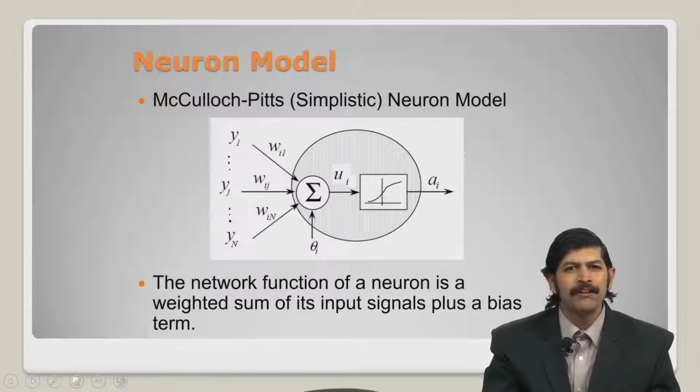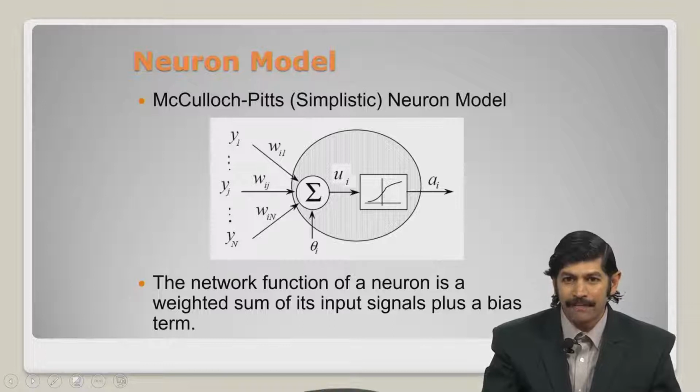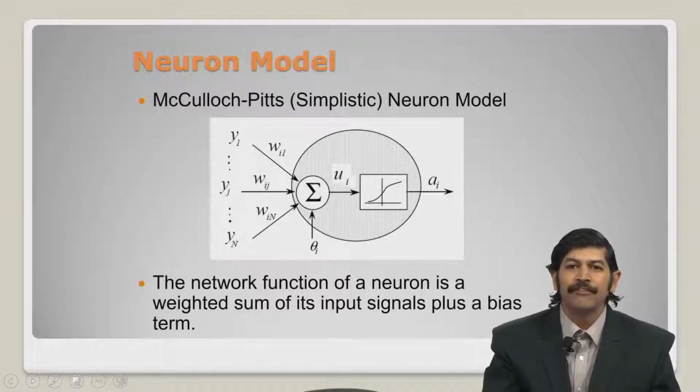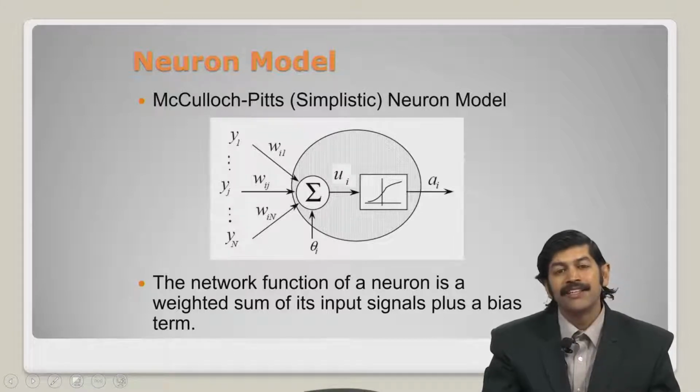There is a very interesting concept of bias, and that is theta of i, and this adder produces an output which is represented by mu of i, and then this input activates the activation function, and activation function produces the final output which is A of i, and that output is a decision.